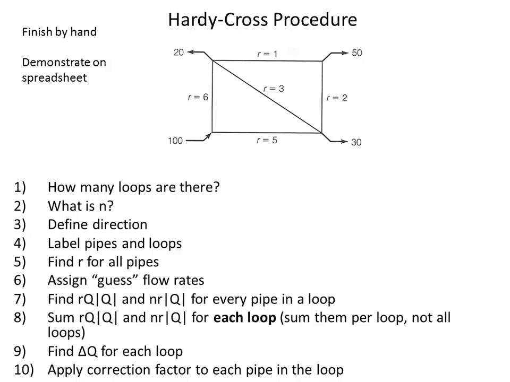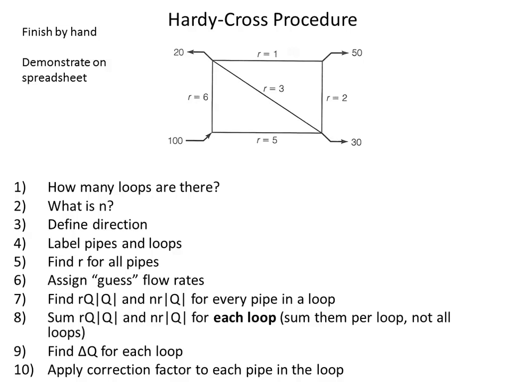So since we're using Darcy-Weisbach to account for pipe friction, that's why we use 2. But if we had been using Hazen-Williams, it would be 1.85. So in this method, there's some sort of a model that's assuming how energy is lost through the pipes. And since we're using Darcy-Weisbach for that, that's why it's 2.